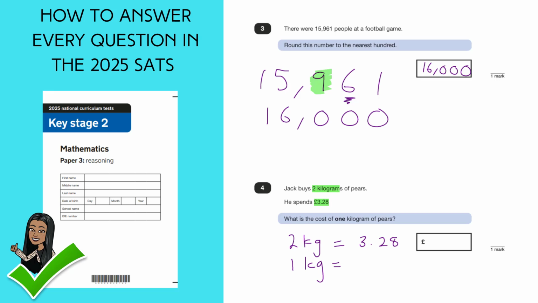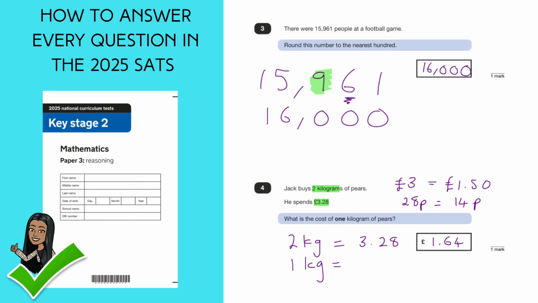answer. You can halve it by putting it in a bus stop and dividing it by 2, or you could halve it by partitioning. So if I halved my £3, for example, I know that half of £3 is £1.50, and then I can halve 28 pence. Half of 28 is 14 pence. Now I just need to make sure that my 14 pence is added on correctly to my £1.50, so I know that is £1.64.